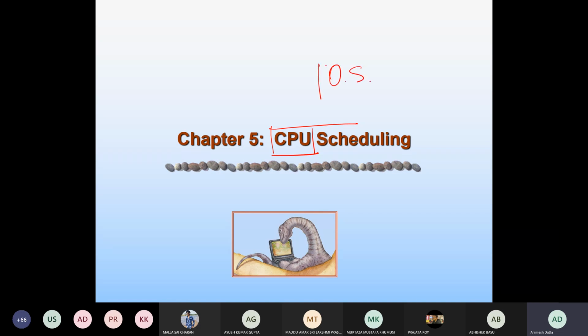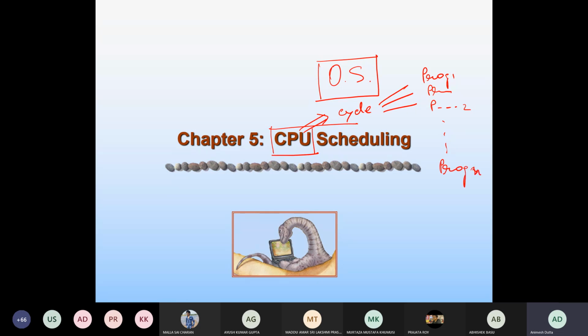How will the operating system use the available CPU cycles of your system to execute the different programs that you submit? You may submit different programs concurrently. There can be n number of programs that you can submit.